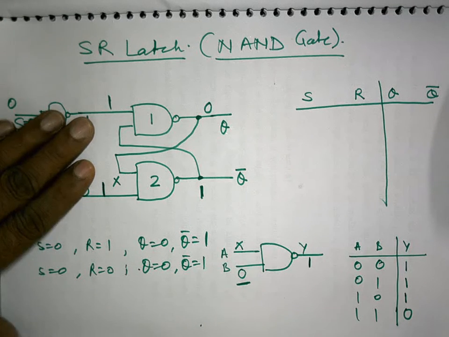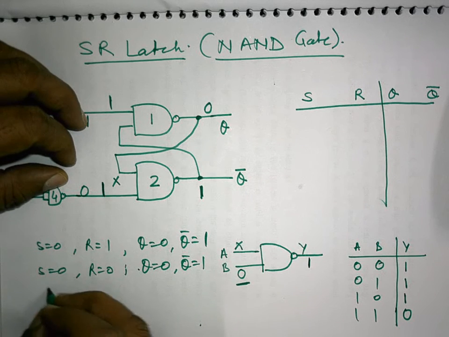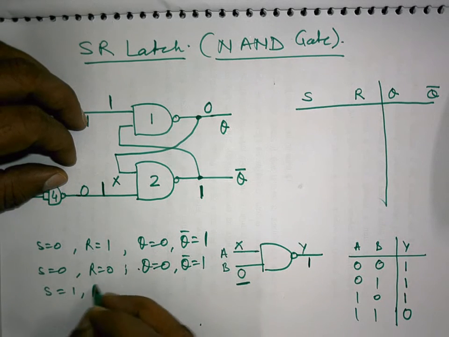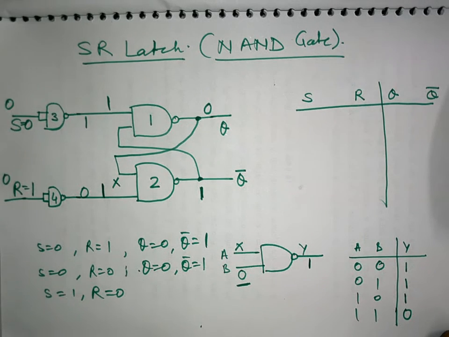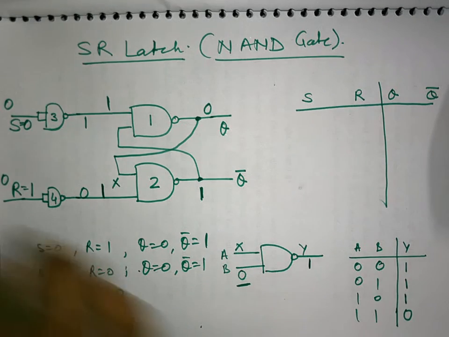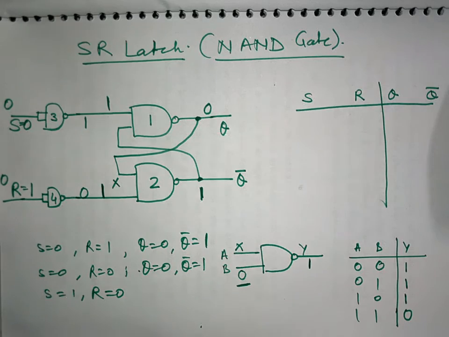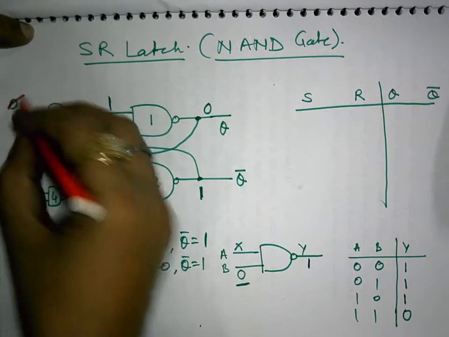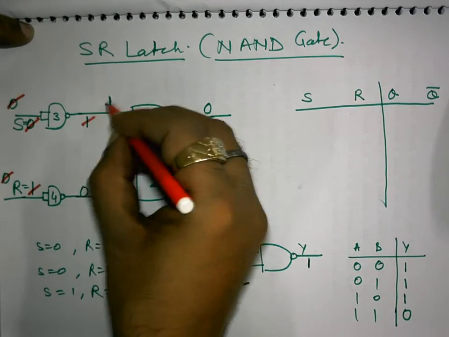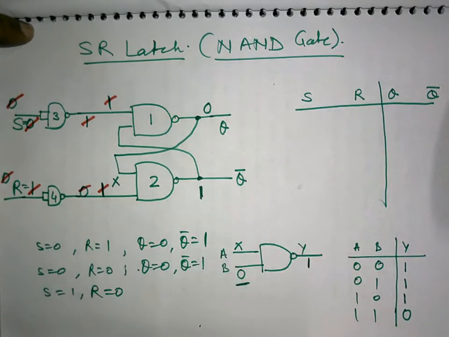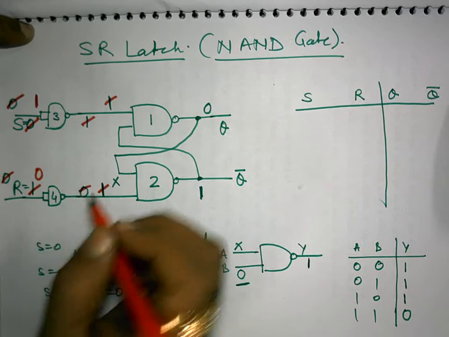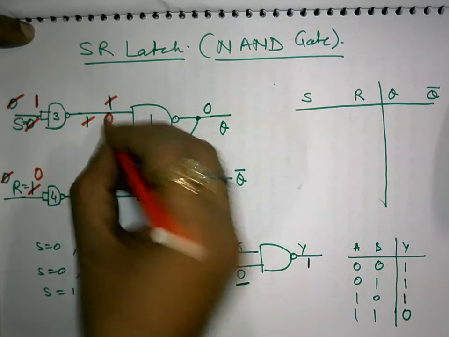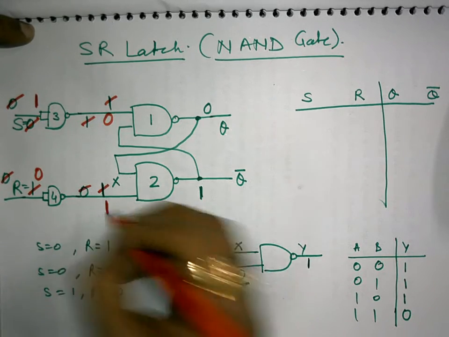Now if you apply another input, say S is equal to 1 and R is equal to 0. I am writing it with a different color pen, because now the things are different. S is equal to 1 and R is equal to 0, and this 1 will make it 0 and this 0 will make it 1.